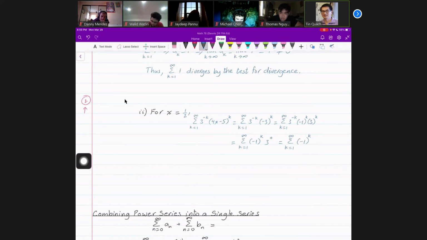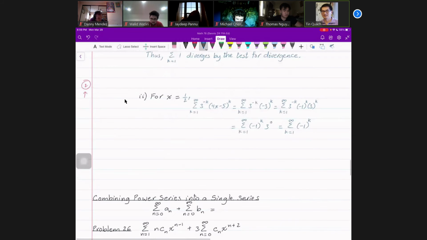Okay, so right here. So you know that when you take the limit as k approaches infinity of a sub k, that is like negative 1 to infinity, and you know for sure that this is not 0.